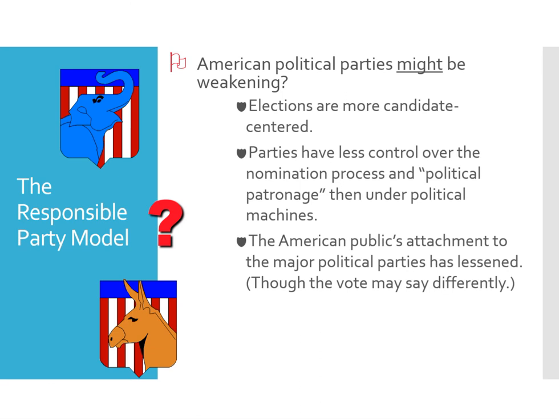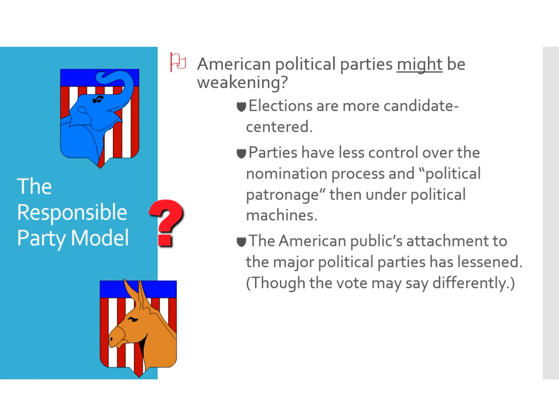So notice that independents are sort of the dominant party in the United States, that is, those who are not affiliated or say they're not affiliated with either party are the highest quote-unquote party identifiers, or the non-party identifiers in the United States. That's interesting because these attachments to parties have lessened.